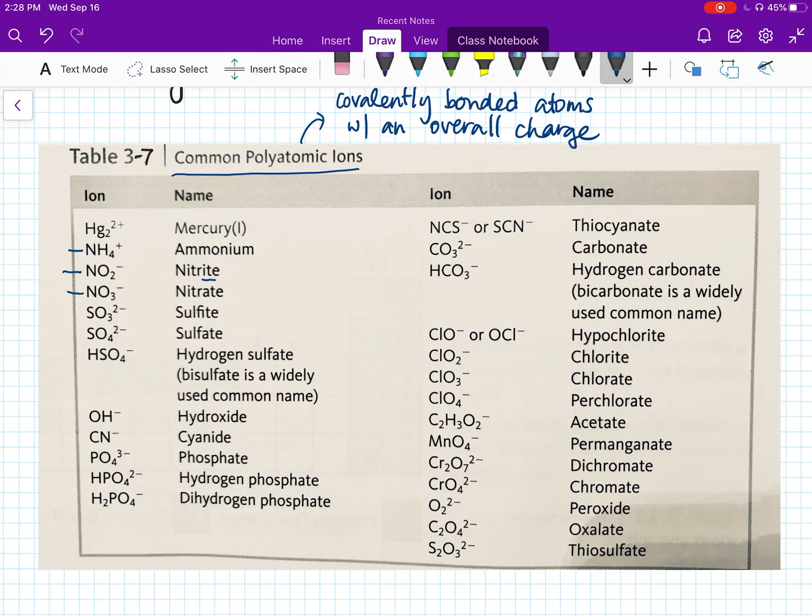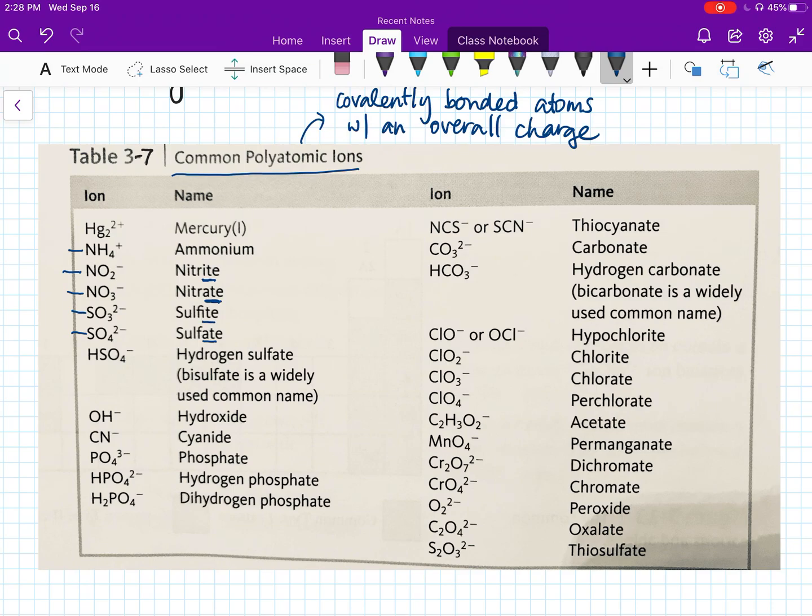Now you'll notice with the ite and the ate, those suffixes tend to apply to polyions that have oxygens in them. And the polyion with fewer oxygens gets the ite suffix, and the one with more oxygens gets the ate suffix. You also see that in sulfite and sulfate. So the one with more oxygens gets the ate suffix rather than the ite suffix.